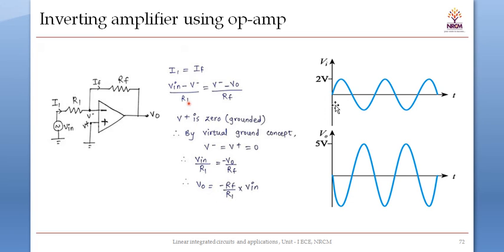So if you apply the positive cycle to the inverting amplifier, we will get the negative cycle at the output.